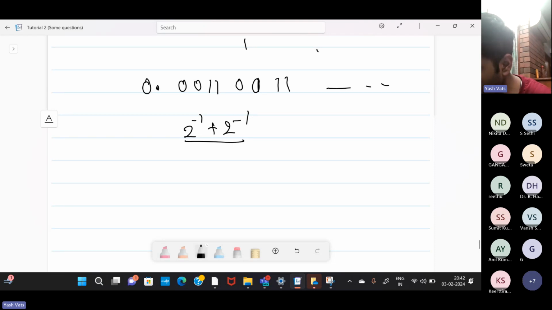I'm not sure. What should be the number of this one? So how do you recover this number? Do you know that?